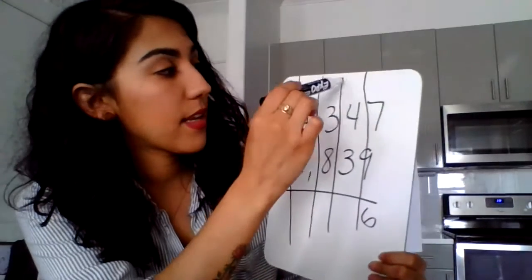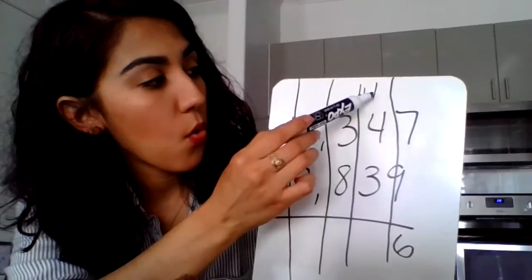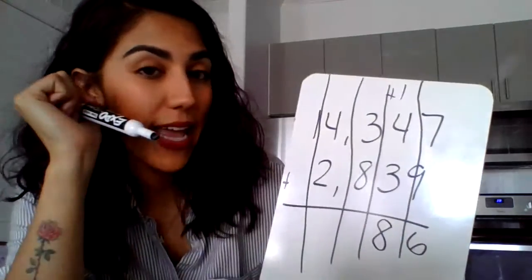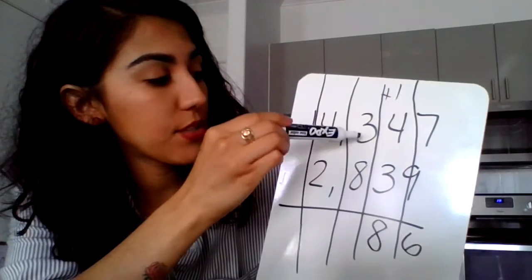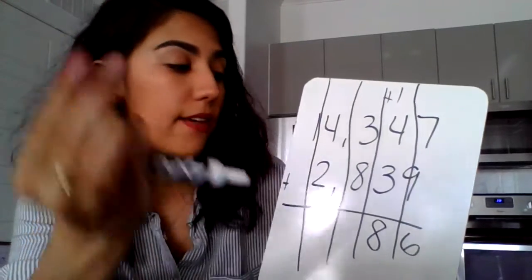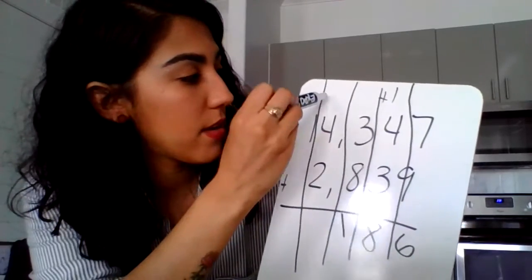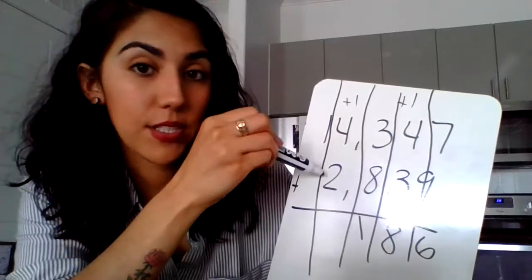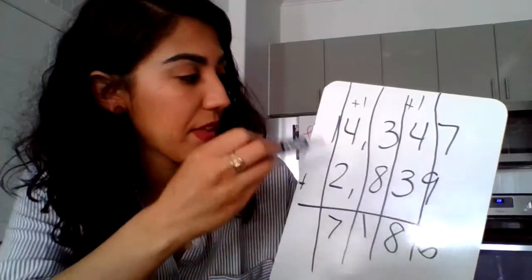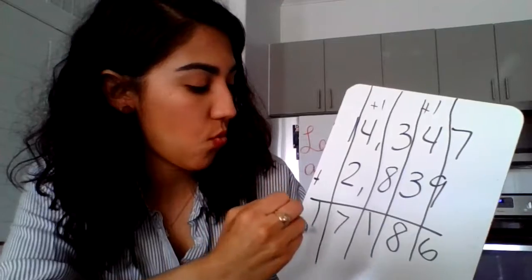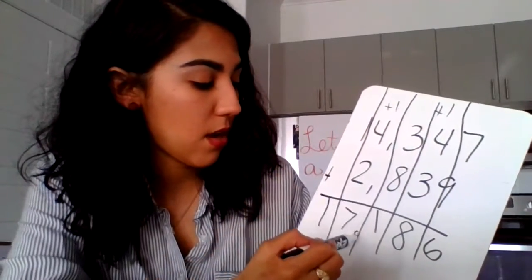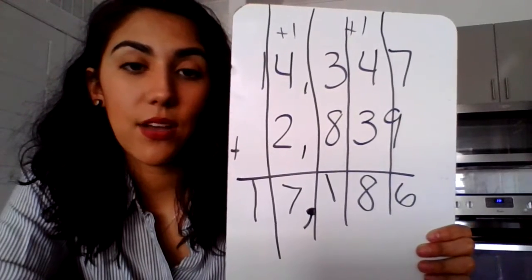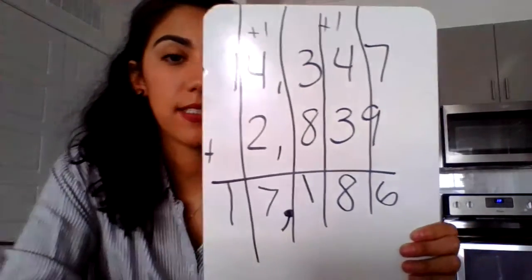Drop the 6, carry the 1. 1 plus 4 is 5, plus 3 is 8. 8 plus 3, 8, 9, 10, 11. Drop the 1, carry the 1. 4 plus 1 is 5, plus 2 is 7, and 1 plus nothing is 1. And then I put my comma to separate my place values. Your answer is 17,186.